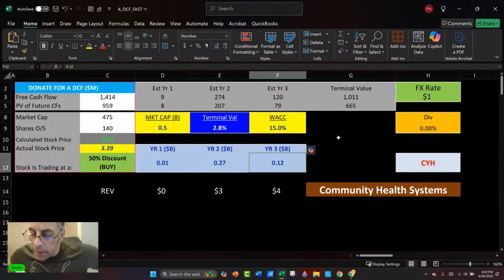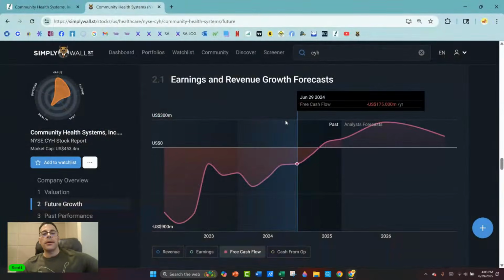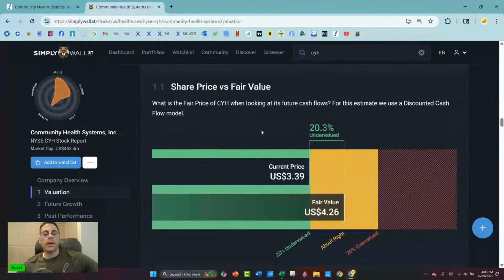Okay, so I'm about $7. They're trading at $3.39. I'm using a pretty high discount because I think it's a pretty risky investment. Let's see, Simply Wall Street. They're at 426.